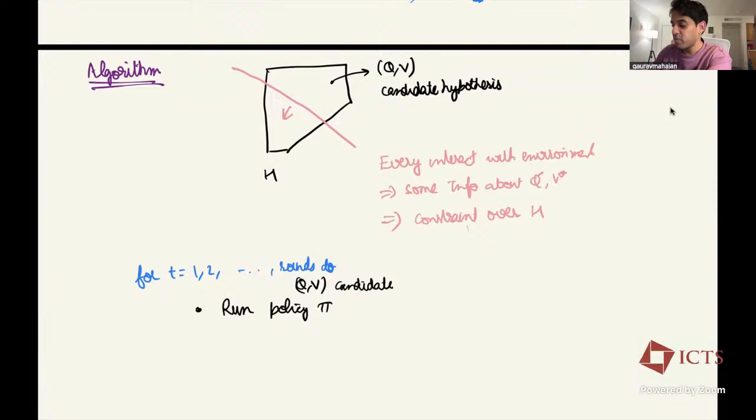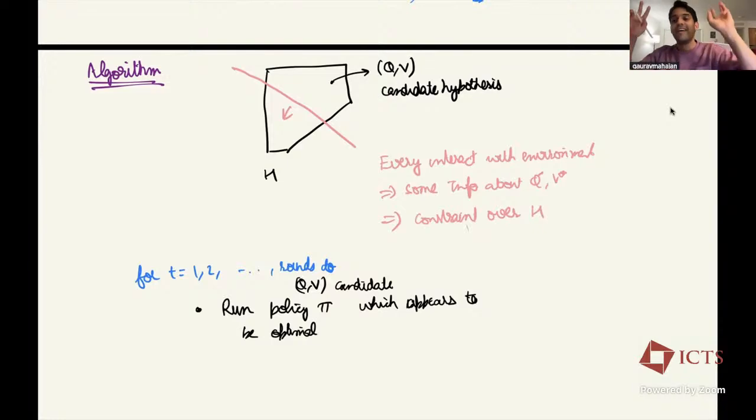And I'm going to choose one which appears to be optimal according to my current experience. All the things that I've seen up till now about the environment, this pi seems to be optimal. I'm going to choose that.